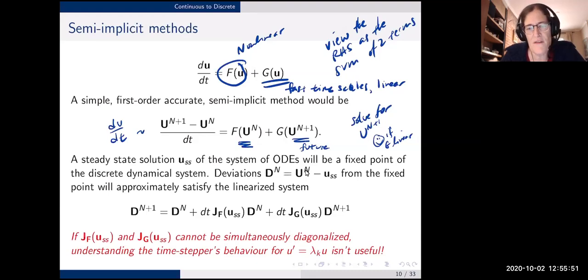Again, if I have a steady state for the system of ODEs, I would introduce the deviation from the steady state, and I would linearize about the steady state, and I would get that the deviations approximately satisfy this linearized system. But now you see that there are two different matrices.